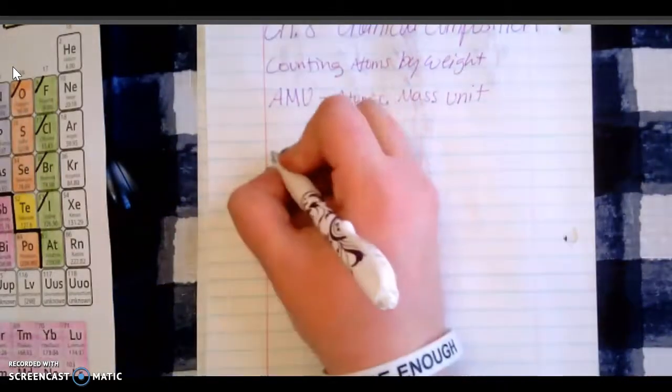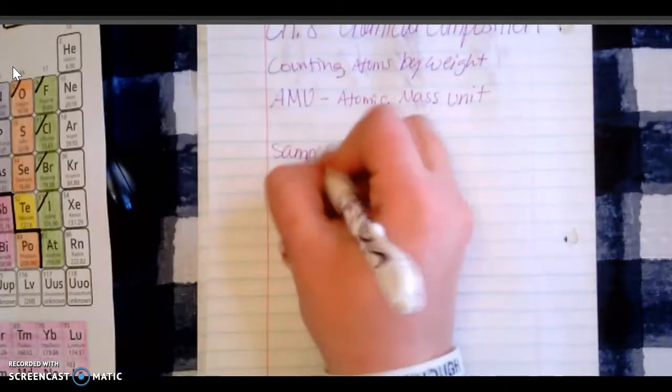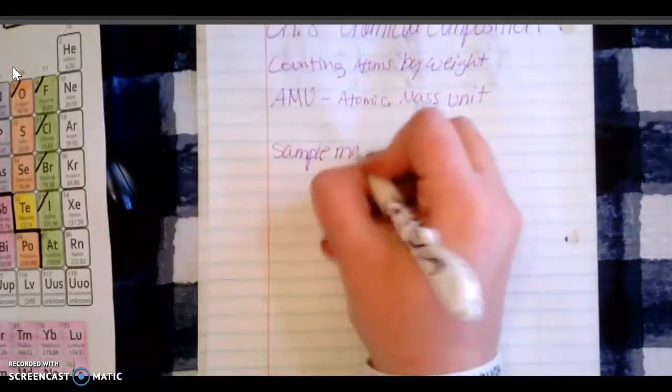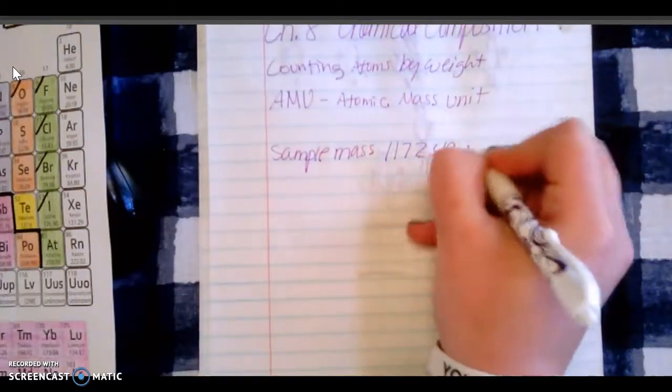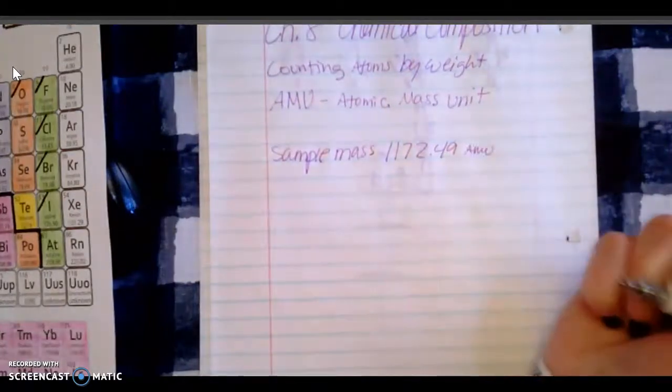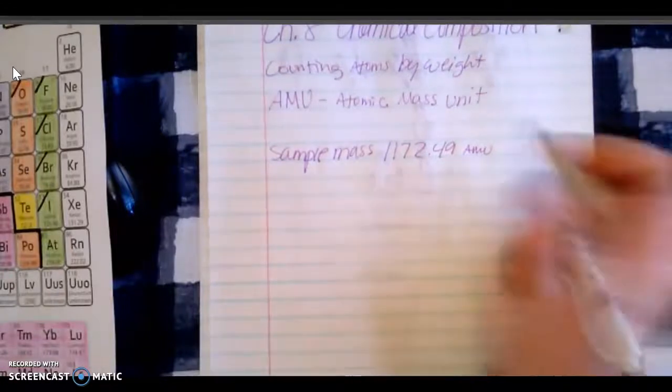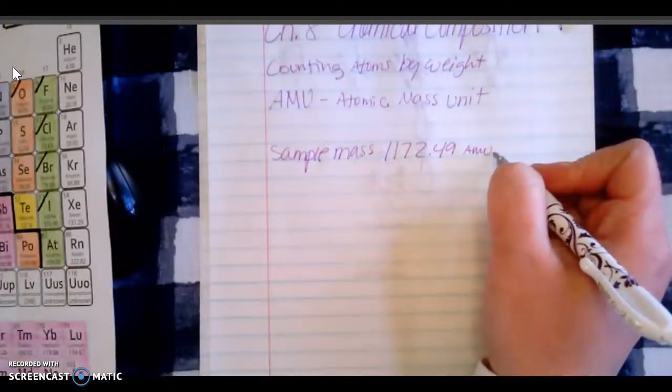So let's work some practice problems to get you back into the hang of using the T-chart to solve math problems, which is basically what we're doing in this unit. Say I have a sample with a mass of 1172.49 AMUs. It's a very, very small sample, because remember, AMU is how much a single atom weighs.